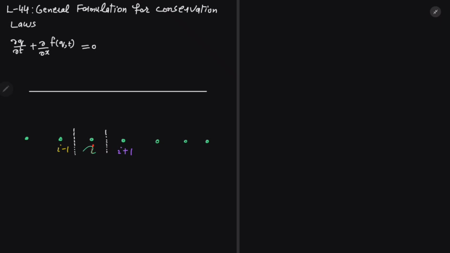Since this is the center of these two points, we call it i minus 1/2. The right neighbor is i plus 1/2.